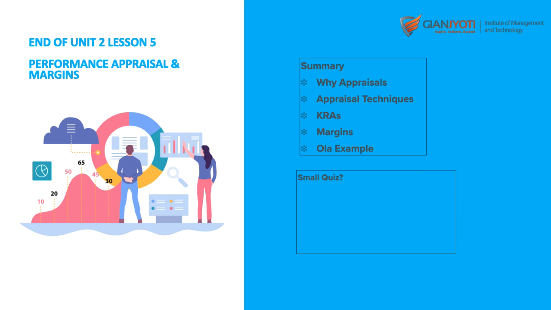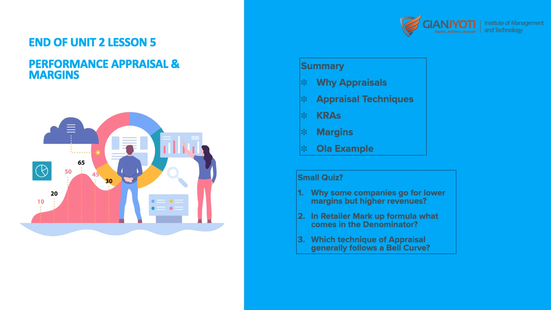Here is a small quiz for you. Question number 1. Why do some companies go for lower margins but higher revenues? Question 2. If you remember the retailer markup formula, what comes in the denominator? The third question, which technique of appraisal generally follows a bell curve?